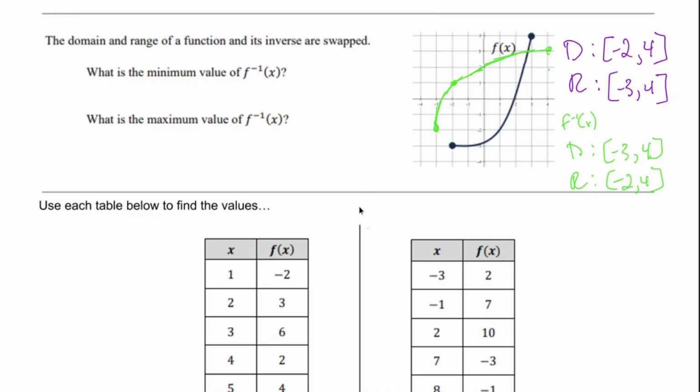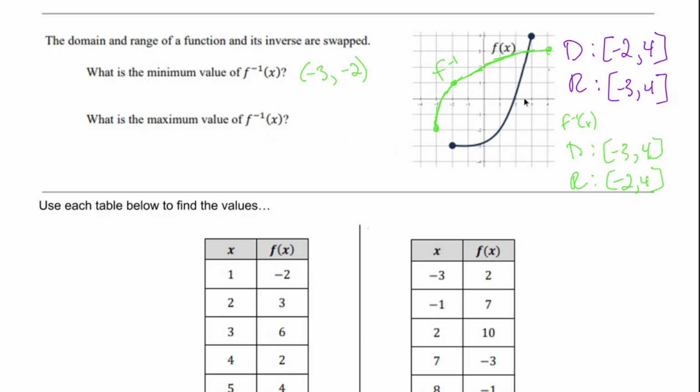All right. So what is the minimum value of this inverse here that I just wrote out? Well, the minimum value appears to be (-3, -2). Which would make sense because in this case, it's all the way to the left and all the way at the bottom, which means the left side of the domain and the bottom of the range. What's the maximum value?